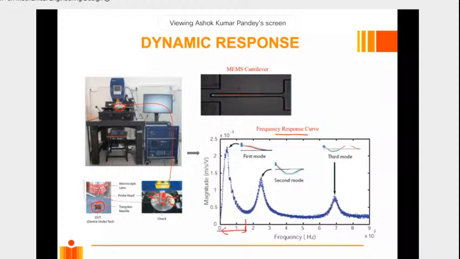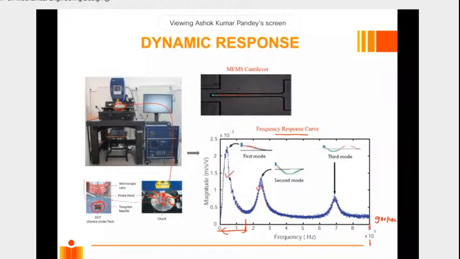So if you are measuring over, let us say, around a 900 kilohertz range, you will be able to get the first frequency, second frequency, third frequency.